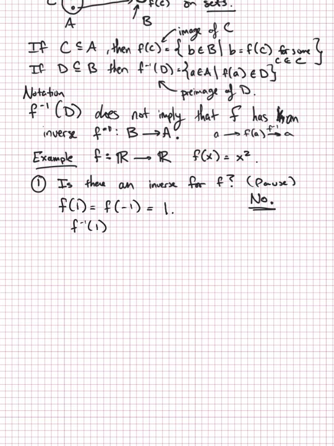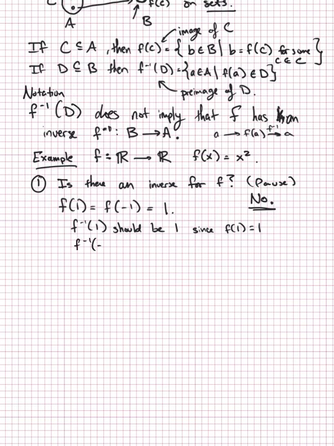Well, the fact that f of 1 is 1 tells you that f inverse of 1 should be 1, since 1 goes to 1, so therefore the inverse of 1 should go to 1.